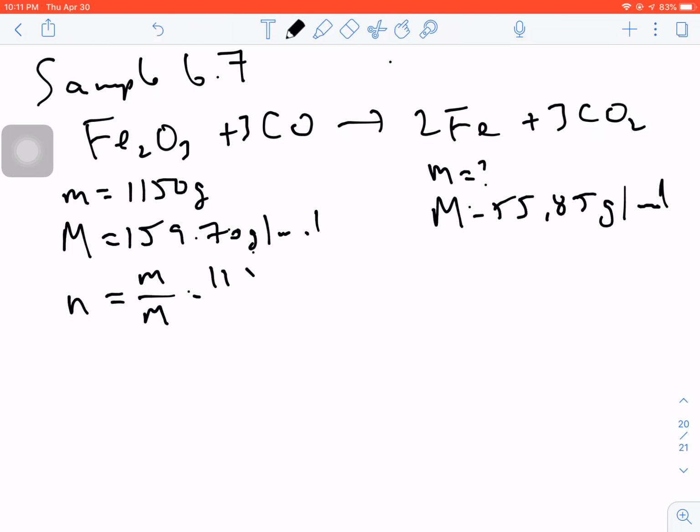Mass is 1,150 grams. It's a lot of iron. It's almost 2.5 pounds of iron. And I'm going to divide it by the molar mass, 159.70. And I'm getting a number of moles, which is 7.20 moles.